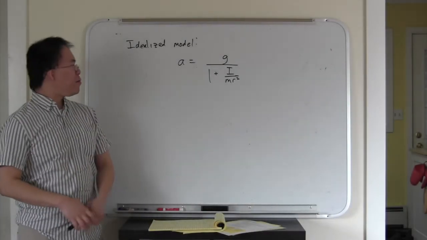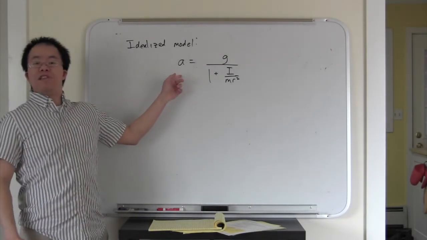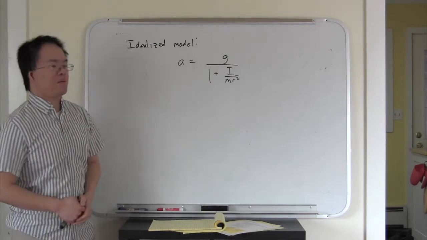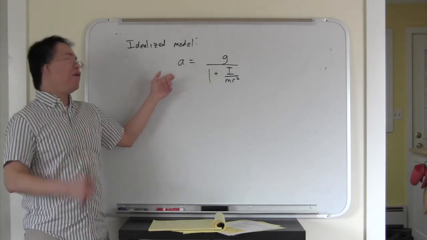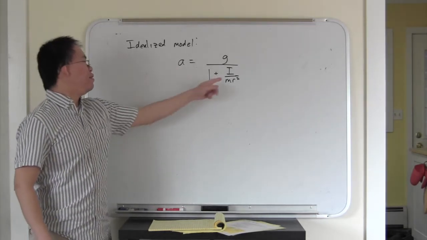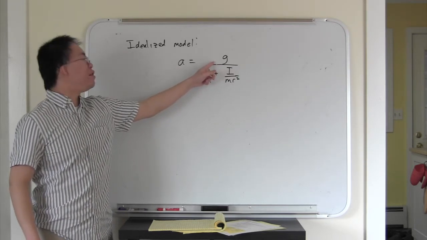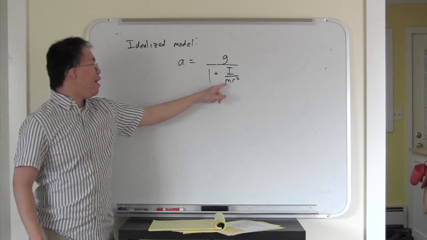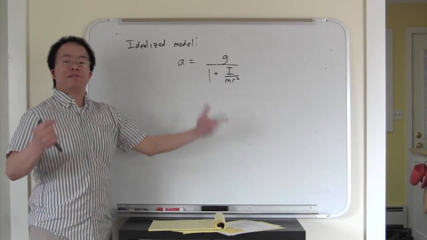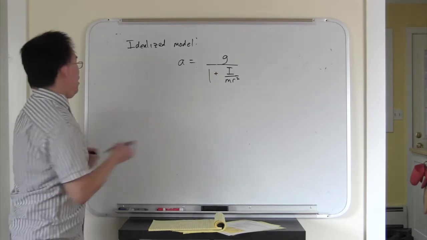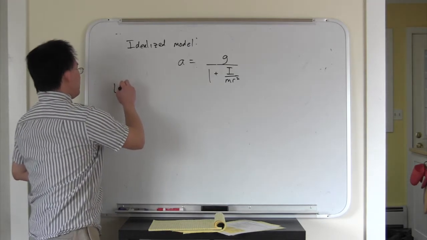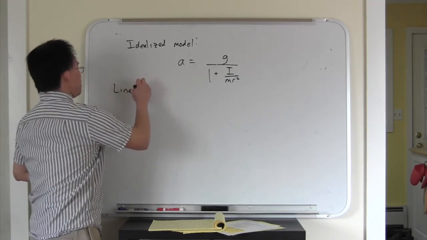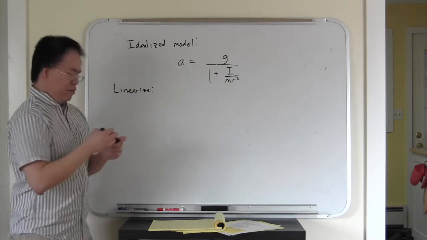So to remind everyone, this is our idealized model for our falling mass rotating pulley for the acceleration of our falling mass. Here, I is the rotational inertia of our pulley, m is our hanging mass, and r is the radius of our pulley. To linearize this model, what we want to do is the following.